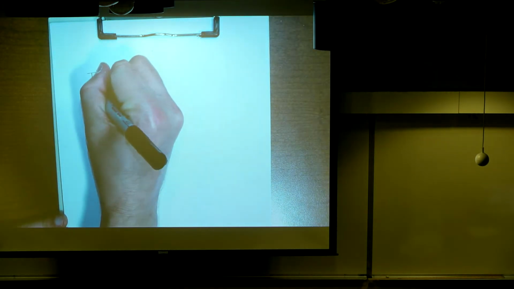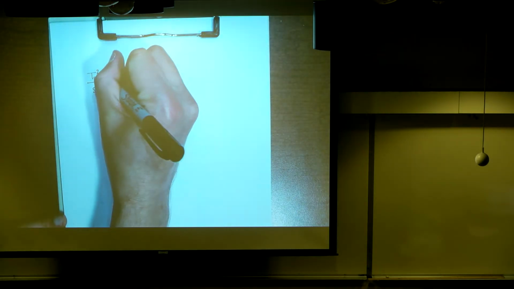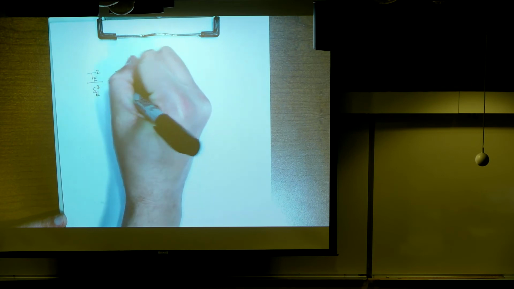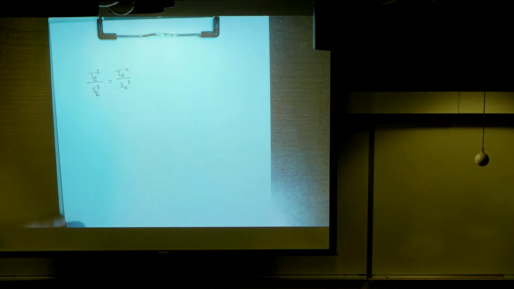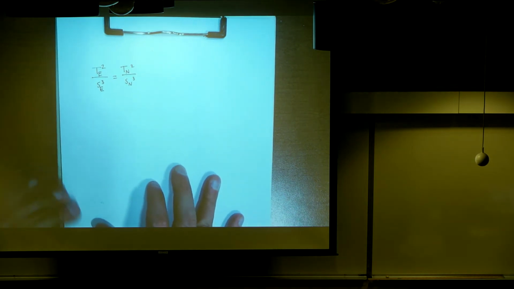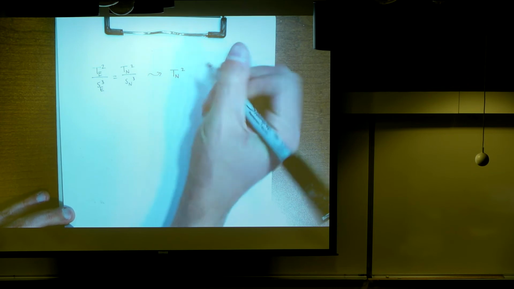So we have TE divided by SE cubed, and we set that equal to TN squared divided by SN cubed. That's the ratio as it applies to Neptune. The ratio has to be the same because we're both orbiting the same mass. So solving for Tn, start with this.